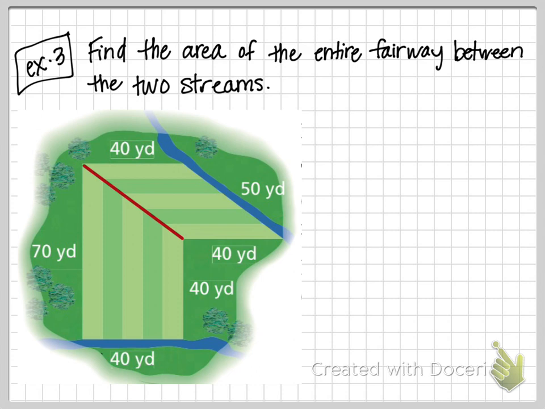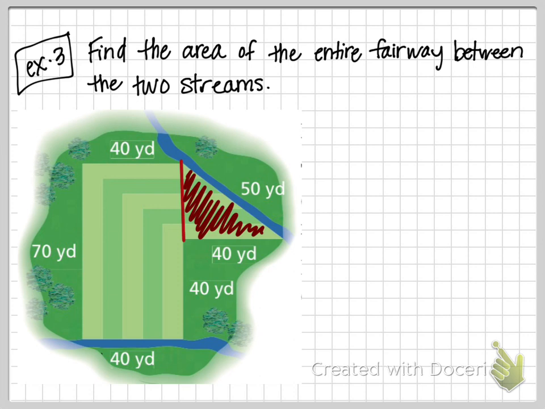Where do you see you could draw a line? What do you think, Dylan? You can have a triangle, like here. Do you see that? So we've got a triangle. Can we find the area of that triangle? Sure.